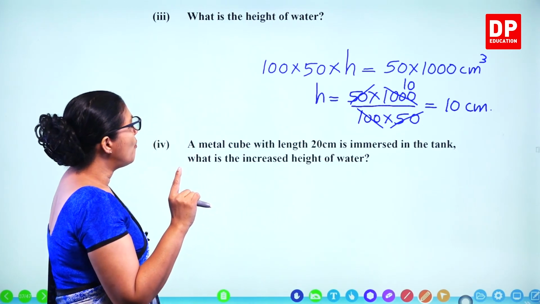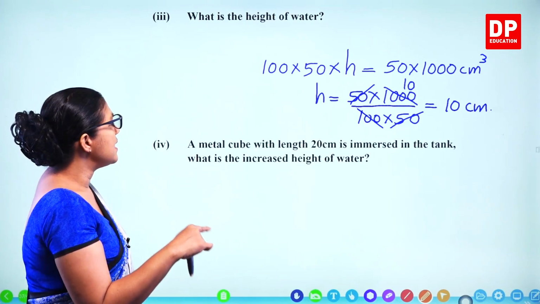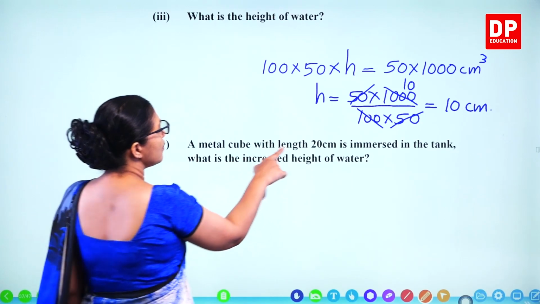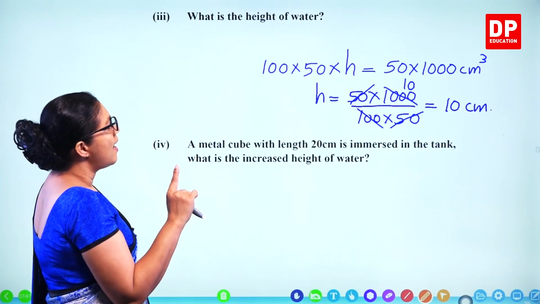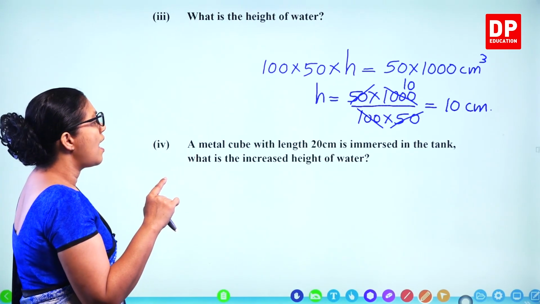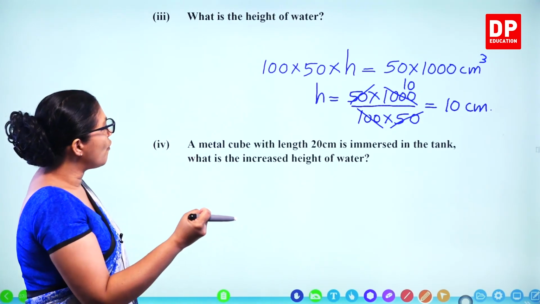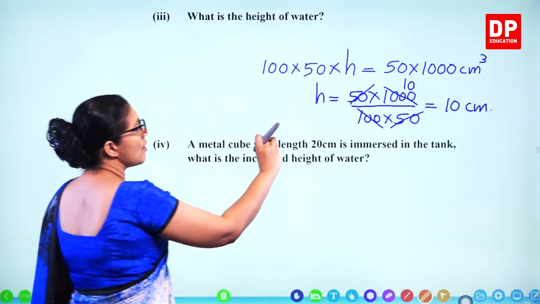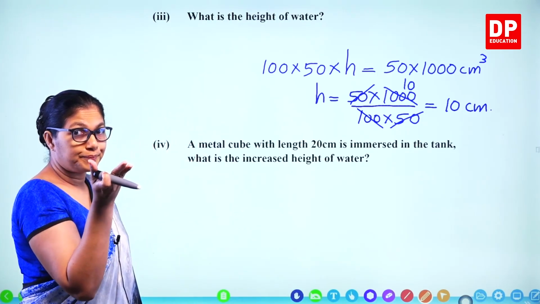A metal cube with length 20 centimeters is immersed in the tank. What is the increased height of water? So the cube, with length, width and height 20, is immersed in the tank. What happens? The volume of the cube becomes the water volume, that is why it goes up.